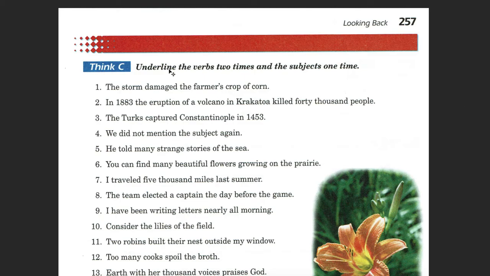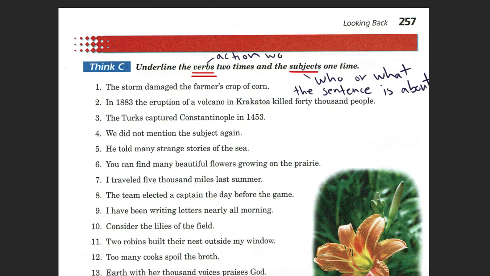So, Think C: underline the verbs 2 times and the subject 1 time. Very simple. If you remember, subjects are who or what the sentence is about, and the verbs are action words that explain what happened.